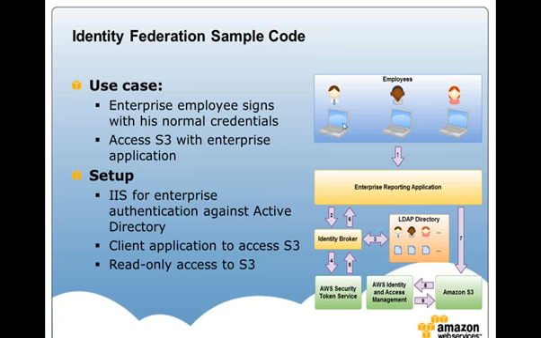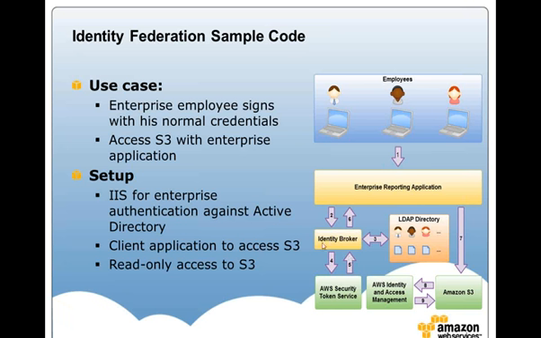So the employee in this scenario would log in with their credentials to an enterprise reporting application, right? That application will obviously authenticate them against their identity broker. It will pass them those credentials to the identity broker, which would then authenticate against LDAP or Active Directory, whatever the identity store is, confirming that Bob is in fact still an employee, still works here, still has a valid identity.